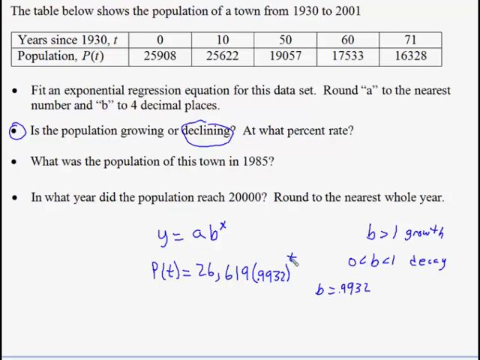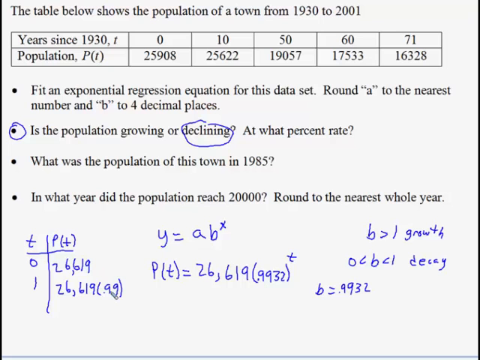That means, for example, if I plug in t equals 1, you would be finding 99% of what the population was at t equals 0. So at t equals 0, you have a population P of t of 26,619. And if you plug in t equals 1, you would take that number, 26,619, and multiply by roughly 0.99, meaning you're finding 99% of the previous population.